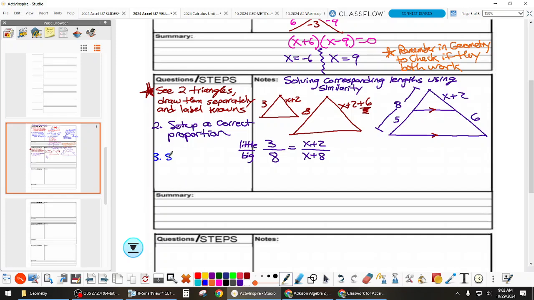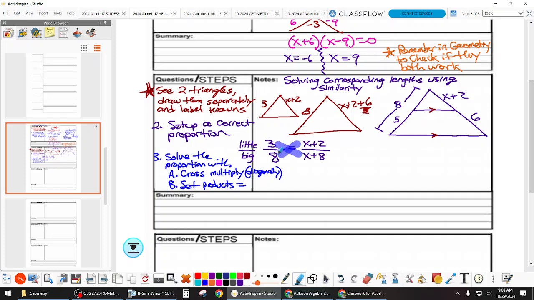So let's put a little reminder. I feel like the more times we can write this in, the better. So cross multiply. Remember, cross multiply means diagonally. And then set products equal.